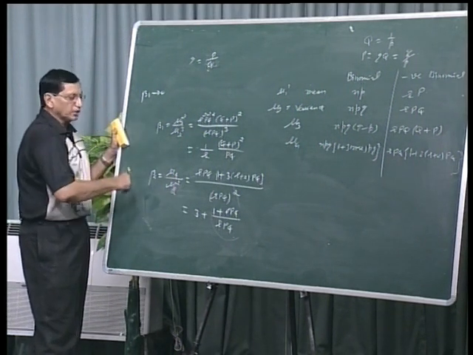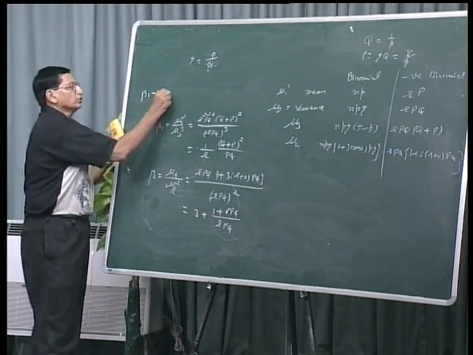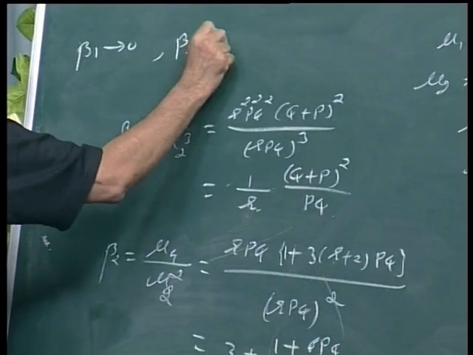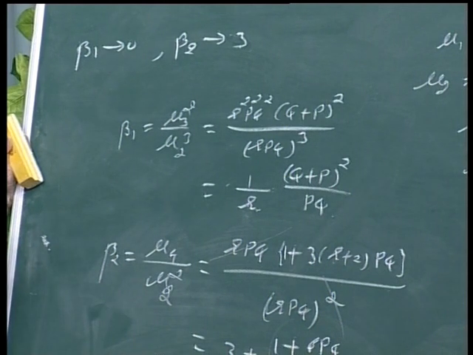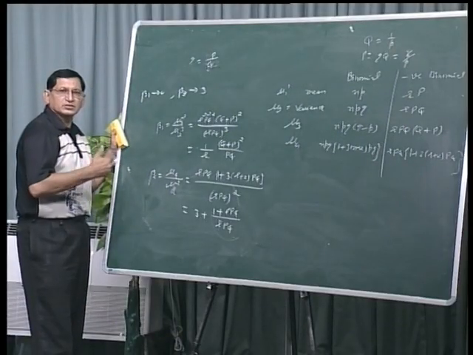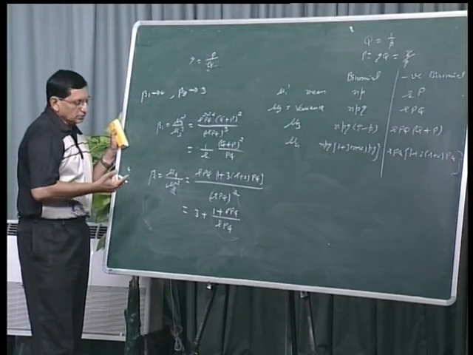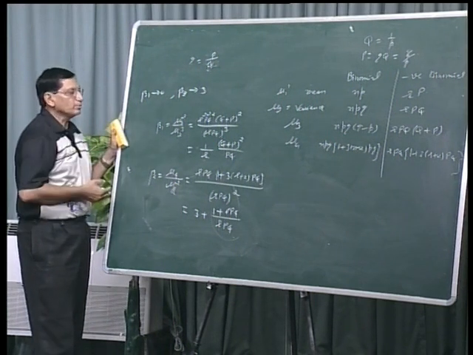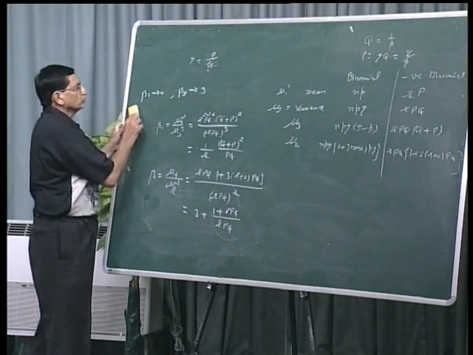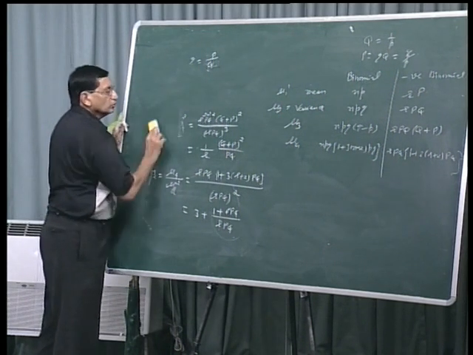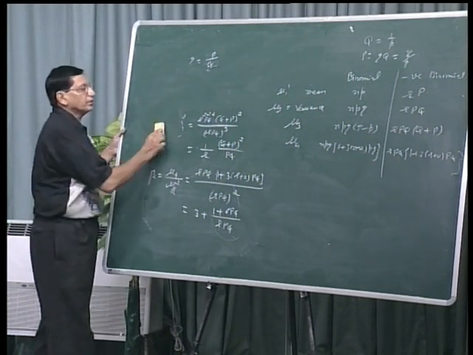So beta 2 tends to 3, beta 1 tends to 0, just like a normal distribution as r tends to infinity. So we can say that in the long run, or for large value of r, if the number of trials is indefinitely large, then negative binomial distribution also approaches normal distribution. So this is also a similar property like binomial.